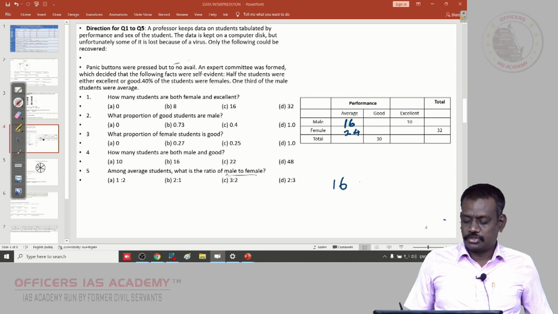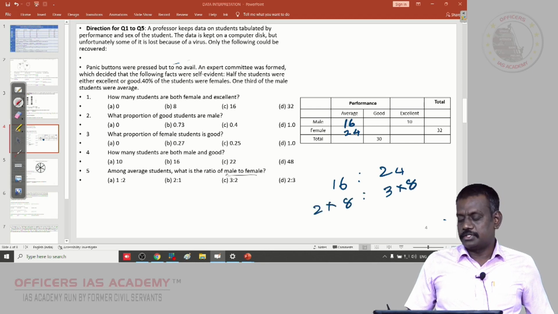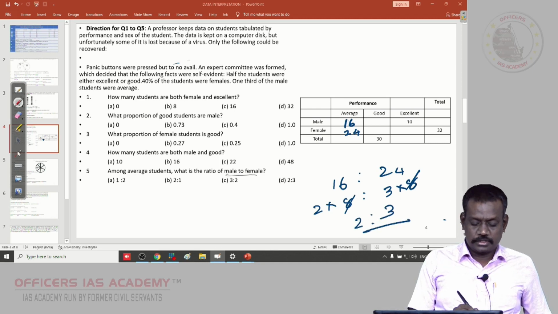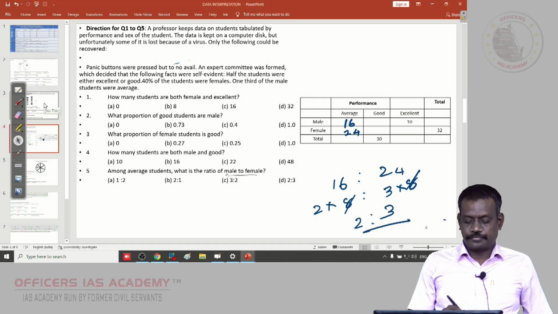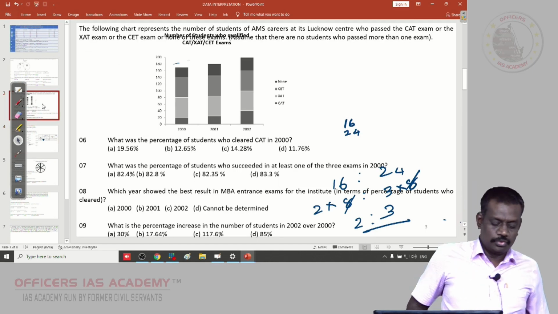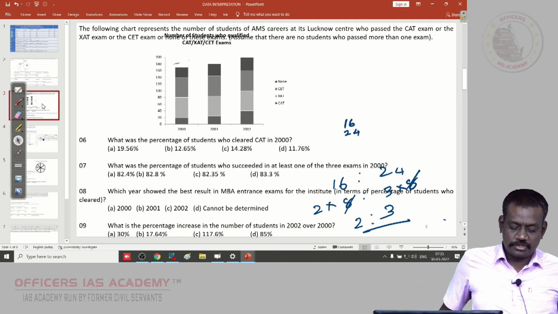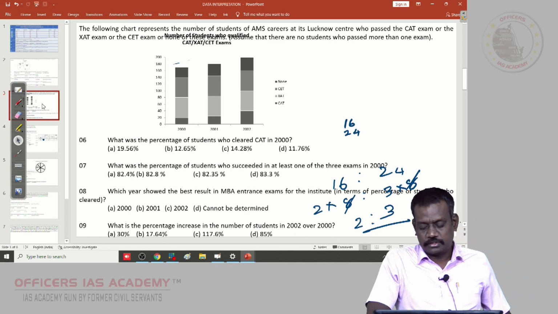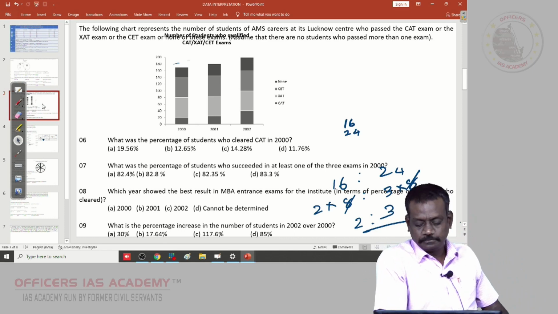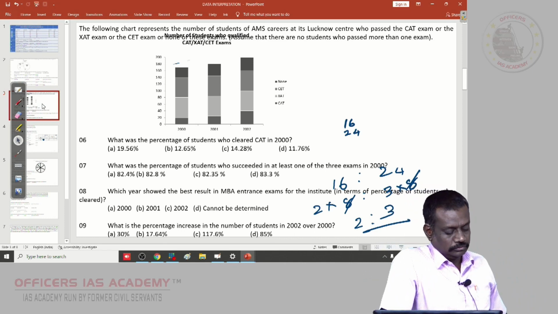So 16 is to 24. So 16 can be written as 2 into 8, 24 can be written as 3 into 8. So 8 and 8 get cancelled, you will get the answer 2 is to 3. Understood, Abhishek? This is how we got that 2 is to 3. Clear?